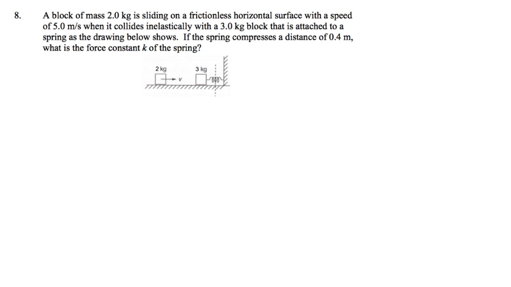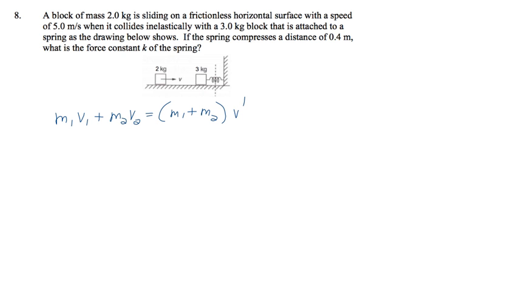So the beginning of this problem is I need to know what the velocity is to begin with when the 2 kilogram mass hits the 3 kilogram mass. So remember, going back to momentum, we had the law of conservation of momentum. m1v1 plus m2v2 equal, in an inelastic collision, we're going to have the two masses combined at some common final velocity.